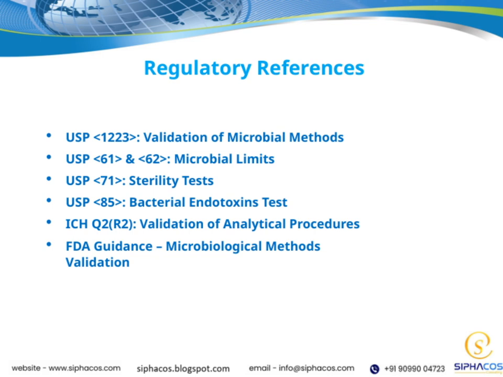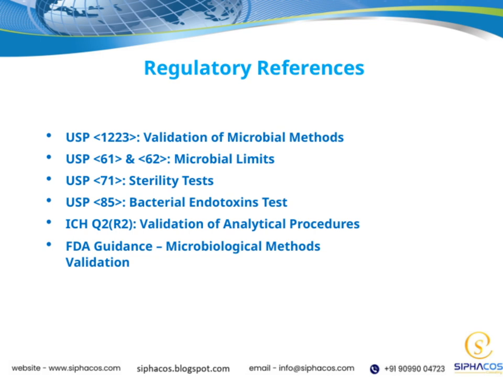Then there's USP 85, which addresses bacterial endotoxins testing, essential for detecting pyrogens that could cause adverse reactions. We also have ICH Q2(R2), which guides the validation of analytical procedures beyond microbial tests, ensuring our testing methods are robust and reliable across different types of analyses.